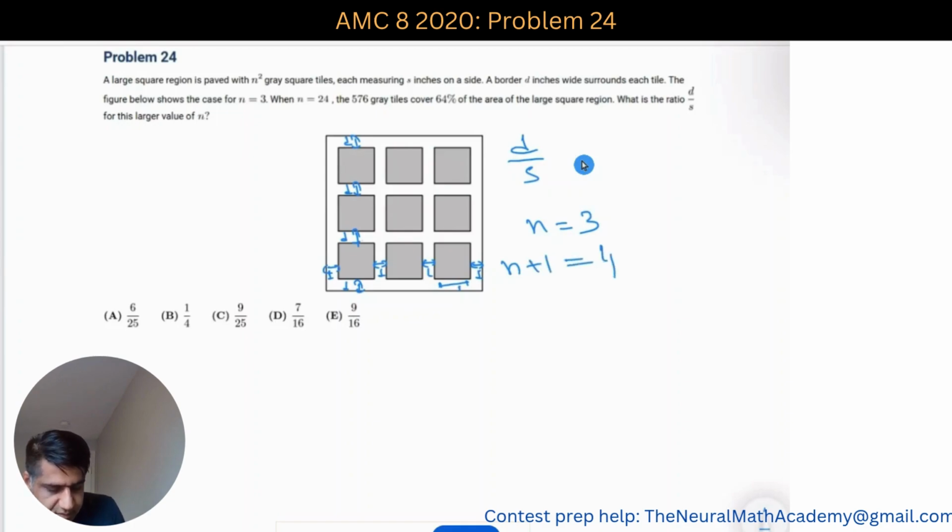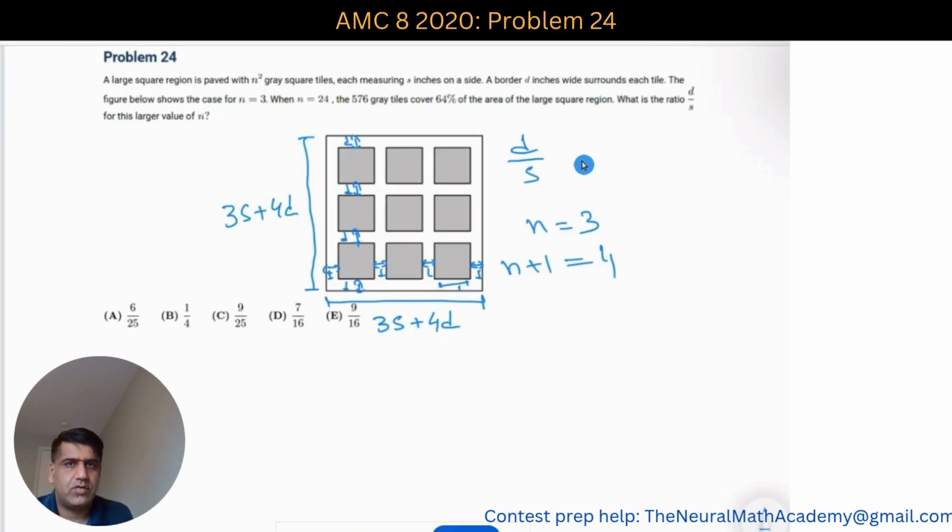So now if I express the side length of the square in terms of s, I can write it as 3s plus 4d. Similarly, I can also express the side length on this side as 3s plus 4d. Now I can extend the same idea when n is equal to 24.